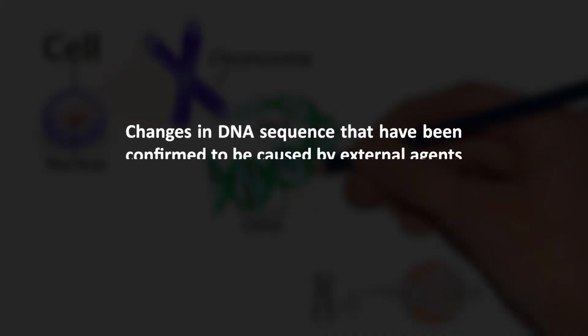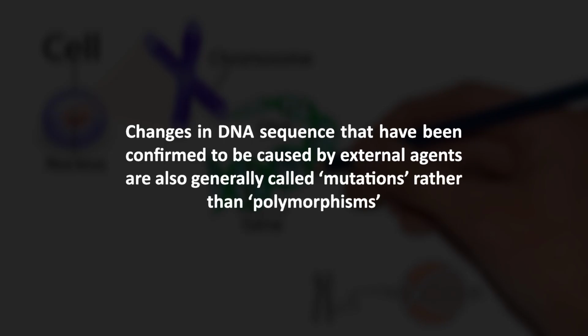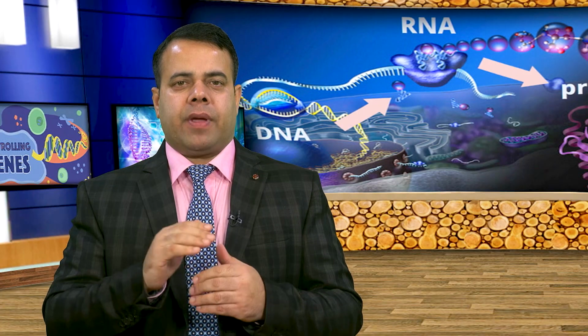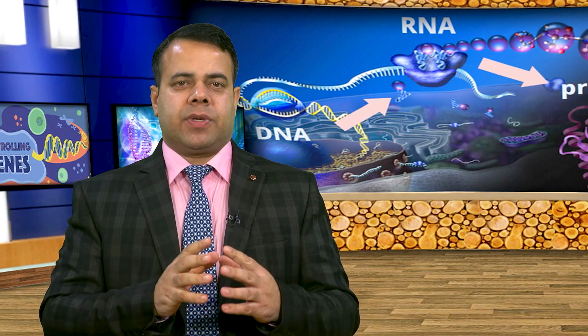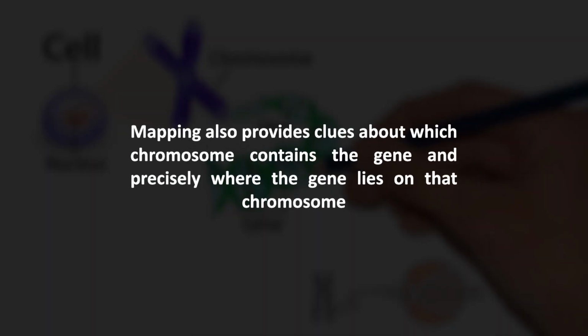Changes in DNA sequence that have been confirmed to be caused by external agents are also generally called mutations rather than polymorphisms. So, genetic mapping can offer firm evidence that a disease transmitted from parents to child is linked to one or more genes. Mapping also provides clues about which chromosome contains the gene and precisely where the gene lies on that particular chromosome.